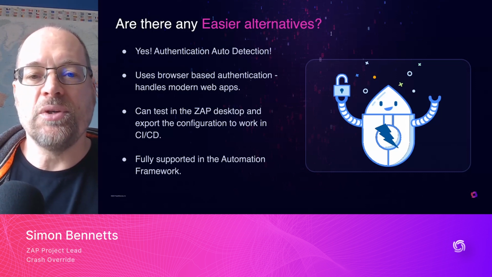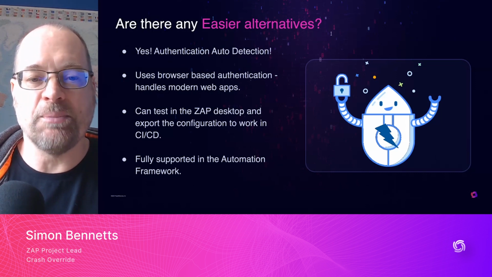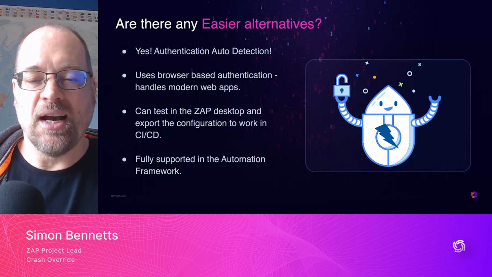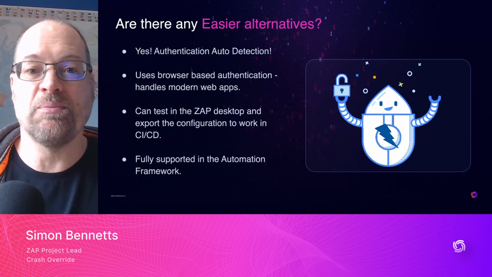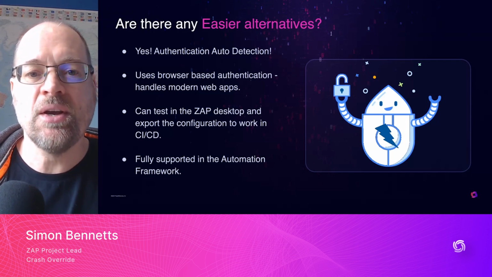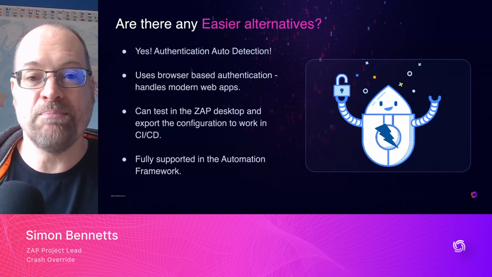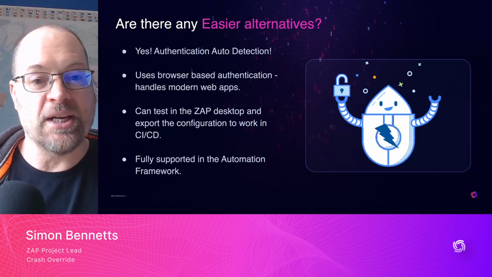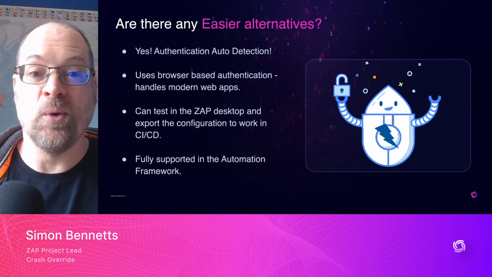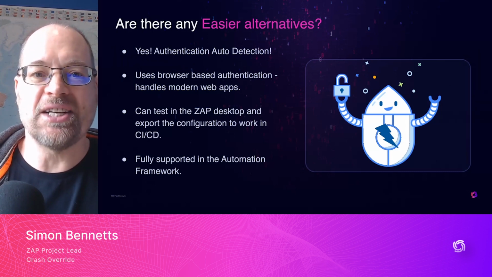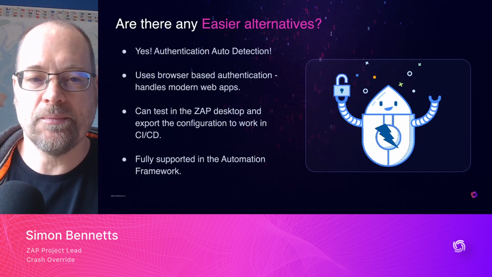It's very flexible, and much more flexible than, say, the GitHub actions and package scans, which are included in our Docker images. Those are good, but they are somewhat limited, whereas the automation framework is much more flexible and has much better support. It's got full support for all the authentication options. And the good thing is that auto detection works very well with this as well.